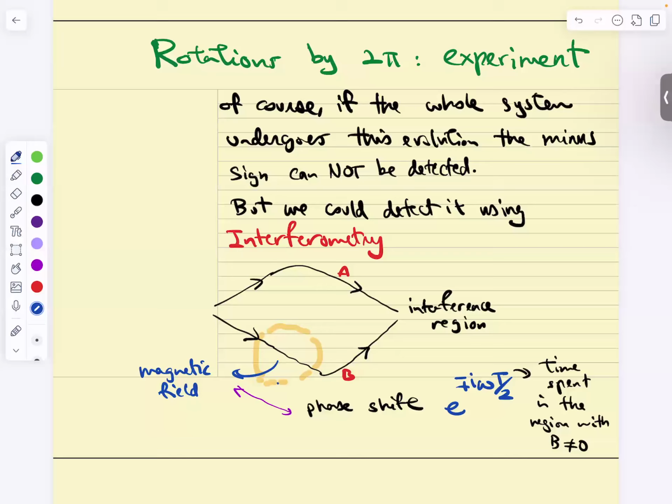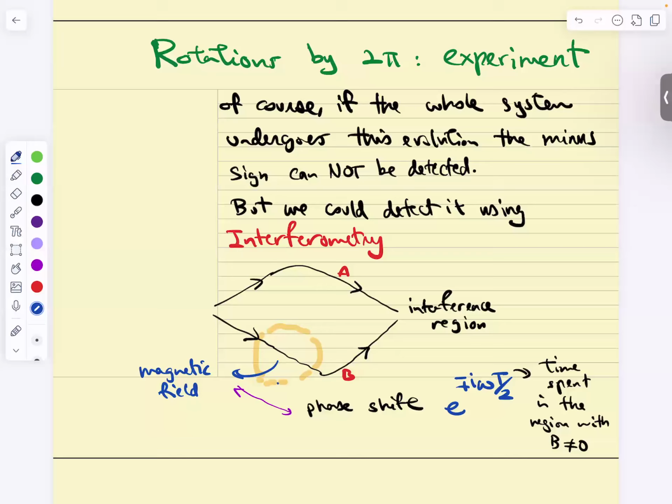They are also particles. So we take two of them, or it could actually be one, or some beam, a bunch of them. There are two paths that they can follow. There are two slits, and then on this side, you see some sort of interference pattern. Good, you see something. Very good.